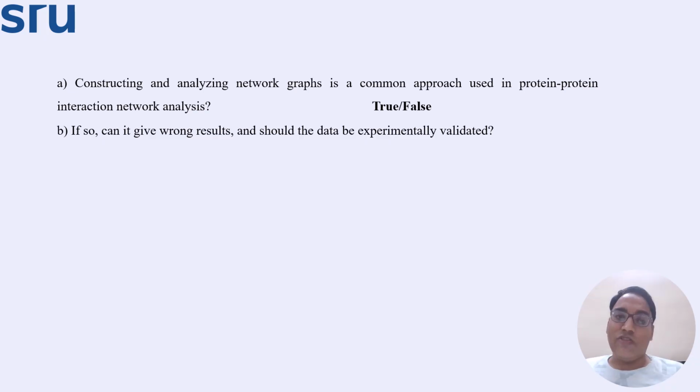If so, can it give wrong results? And should the data be experimentally validated? When can it give wrong results? When you take many different proteins, whether they are connected or not, and put them together, which people normally do. Firstly, remember that experimental validation is always required. After building these networks, you do mutation analysis, site-directed mutagenesis, and work out whether these complexes are actually forming or not.